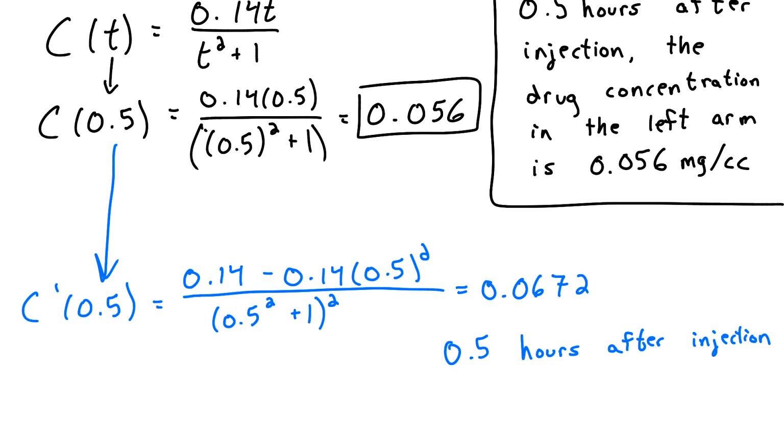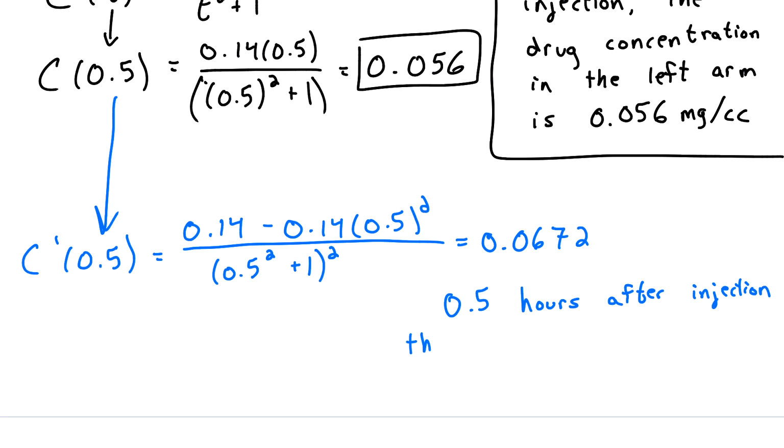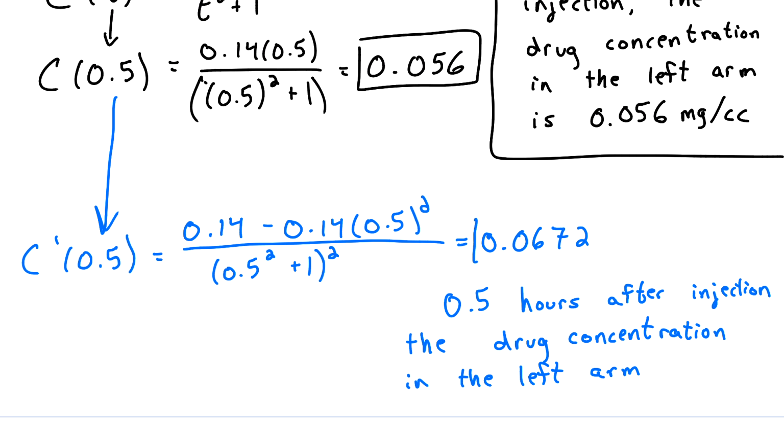Here we're talking about the derivative of C. So C told us the drug concentration in the left arm. Here, now we're talking about a statement of change since we're working with the derivative. So I'm going to look at my C prime of 0.5. I'm going to look at the sign in particular. Is it positive or is it negative? Well, in this case, it's positive.